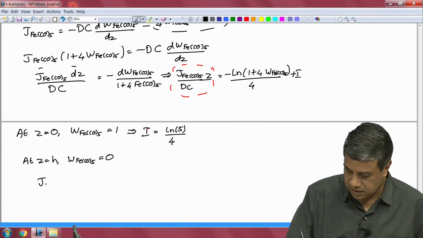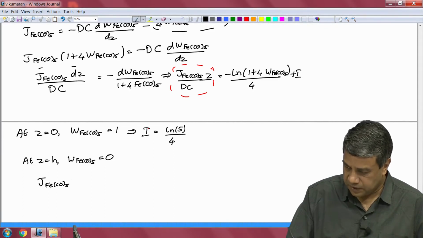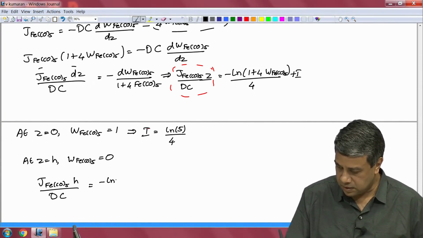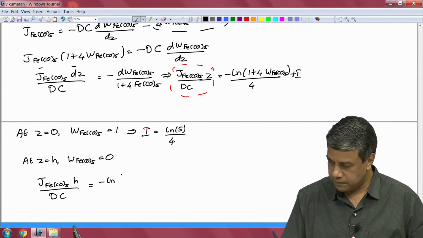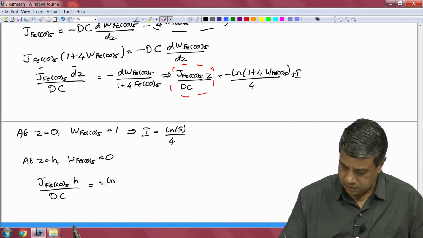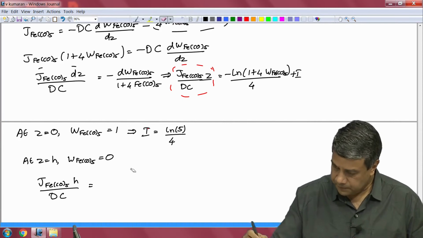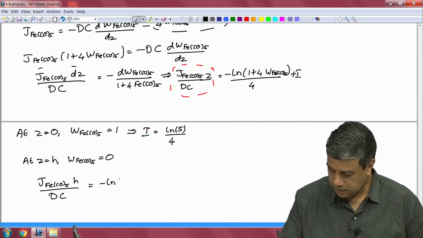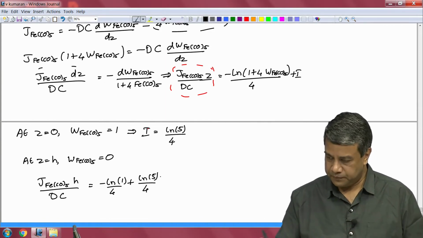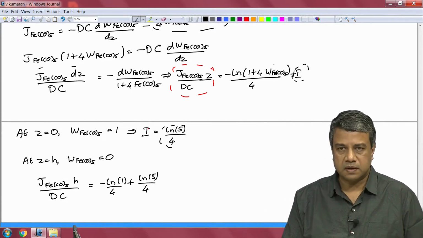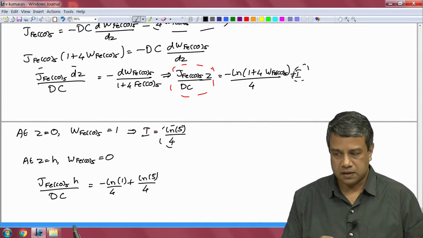Therefore, I get the relation J iron pentacarbonyl into H by D times C is equal to minus ln of 1 by 4 plus ln of 5 by 4, where ln of 5 by 4 is the integration constant that has been substituted over here, and I have set the mole fraction of iron pentacarbonyl equal to 0 at the top surface.